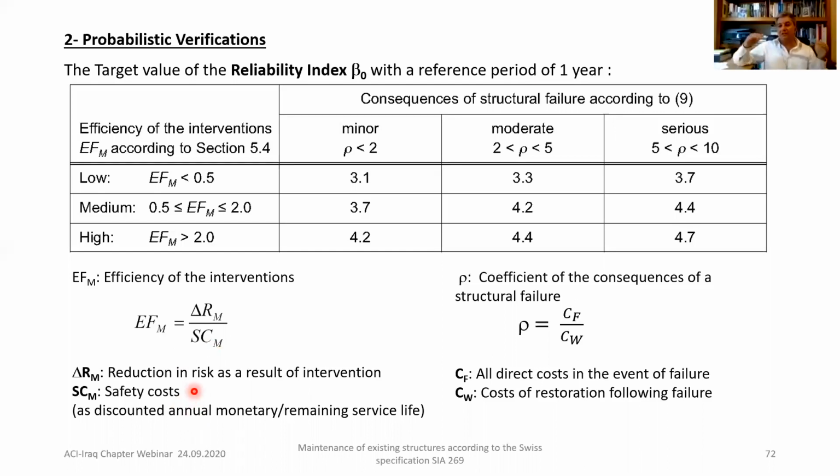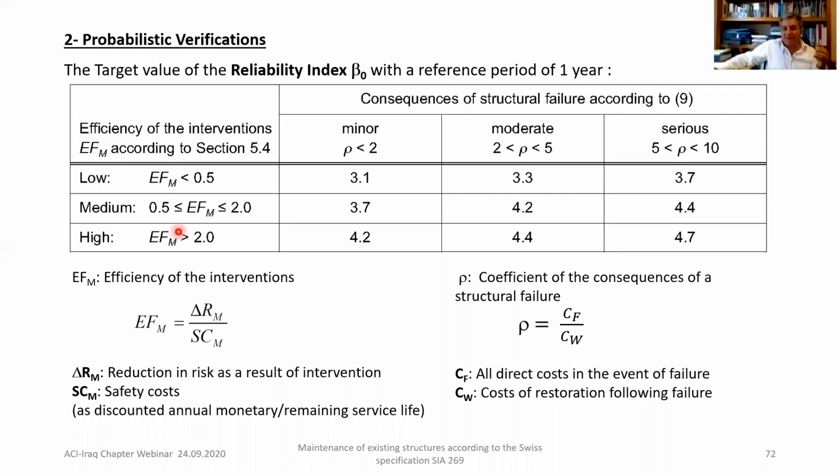That means if you have a curved road, and you have a project to add a guardrail to protect the road, the project will cost you 1 million, and according to the estimation, it will reduce the annual risk by 1 million also. So the efficiency of your intervention is 1. So you can understand what I'm talking about.